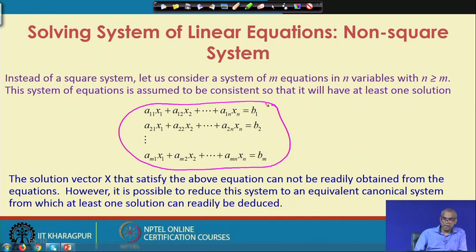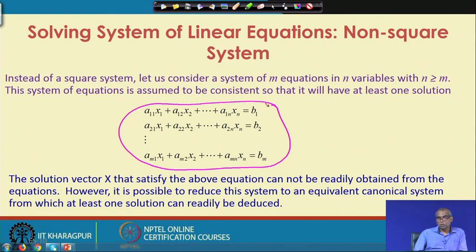The solution vector x that satisfies the above equation cannot be readily obtained from the equations. However, it is possible to reduce this system to an equivalent canonical system from which at least one solution can readily be obtained.